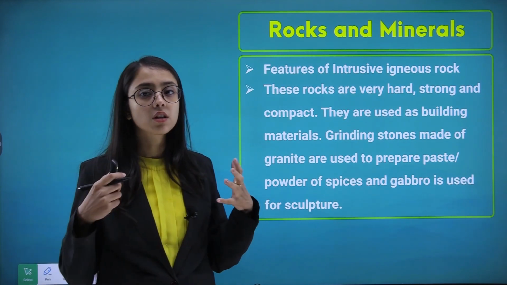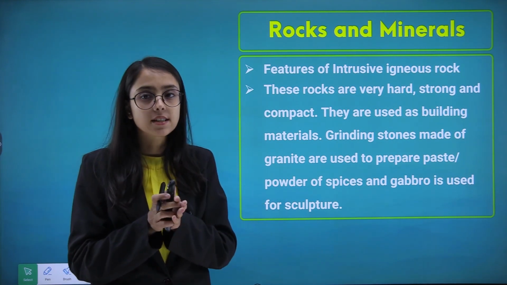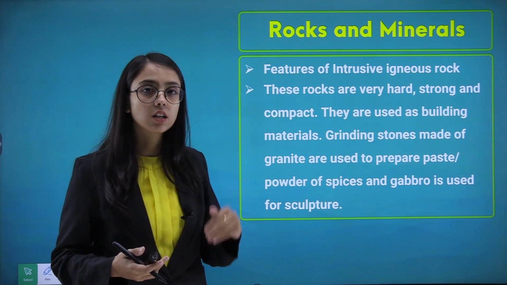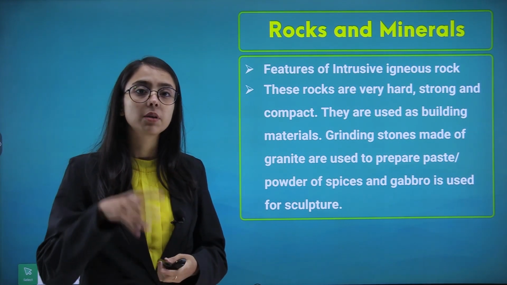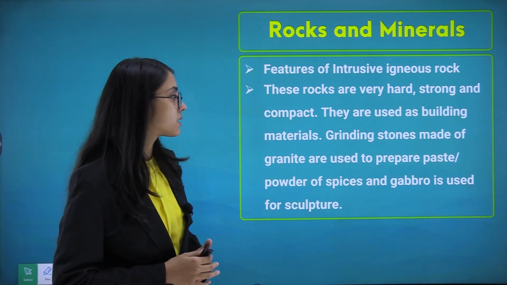Now, what are the features of intrusive igneous rocks? They are compact, very hard and strong in nature. Since they are made under the surface of the earth, they are compact, because of a lot of pressure. They are used for building materials.